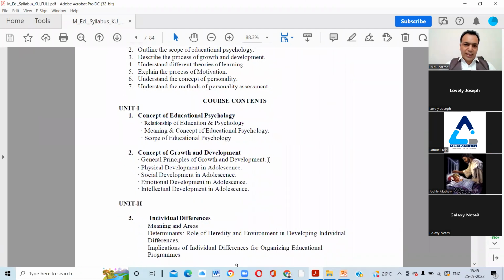In every paper there are 4 sections, meaning 4 units. In unit 1, there is the concept of educational psychology: the relationship of education and psychology, the meaning and concept of educational psychology, and the scope of educational psychology. The second chapter under unit 1 is the concept of growth and development, including the social, physical, emotional and intellectual development of the adolescent. We have to discuss it, and it is a very easy one. Even if you remember, you have done some of this part in B.Ed also.